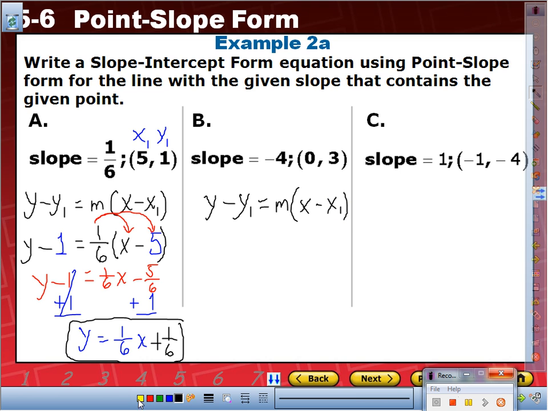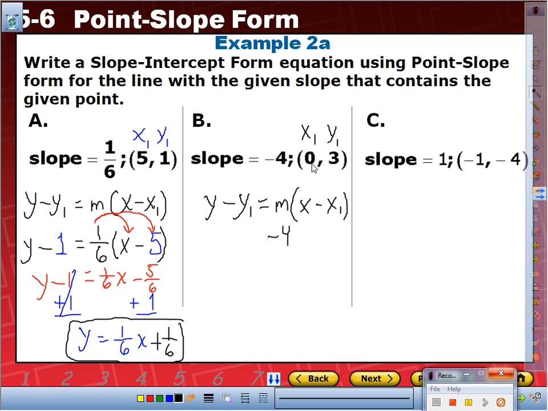Yeah. Next, what do we do? Look at it. Plug in the numbers or substitute. Substitute the slope. What is my slope? Negative 4. And we're going to label this. This is x sub 1, y sub 1. So let's see. Where's x sub 1? Right there.